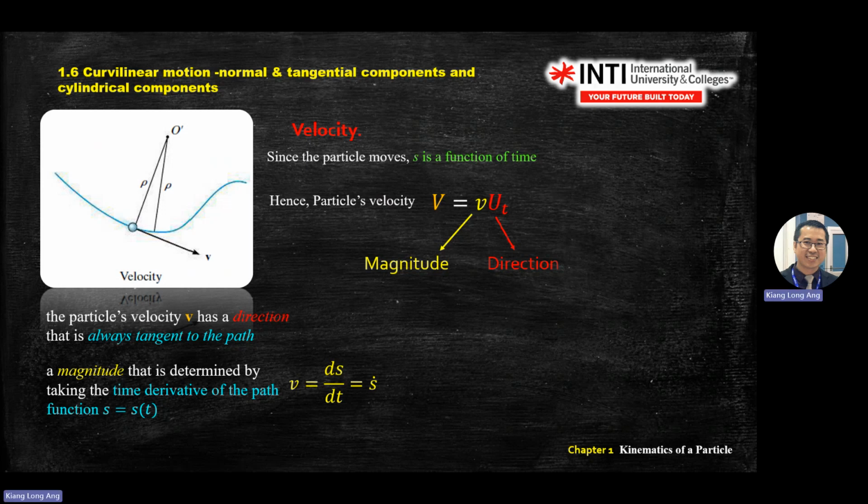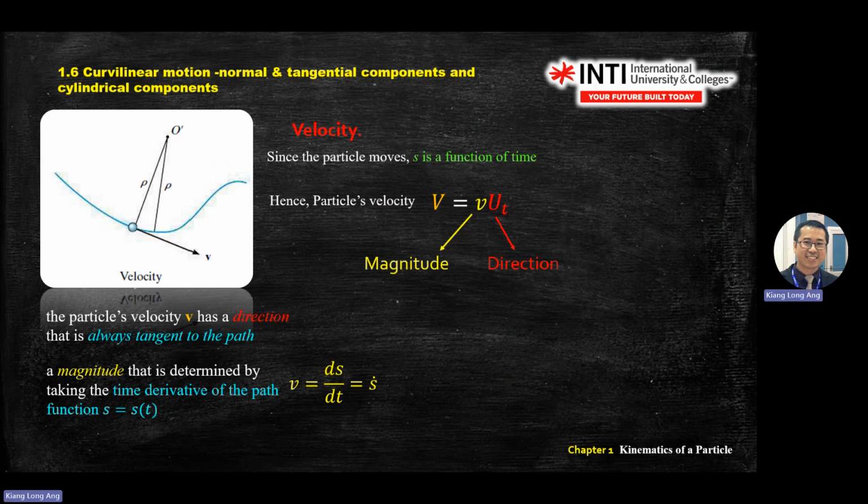So we slowly go into vectors, a bit more detail now. We know that velocity is a vector. A vector has magnitude and direction. So in our equation, I use yellow color to represent my magnitude v, and my direction is UT. UT means it is in the tangent direction, this way. If I write UN, it means it's going inside.